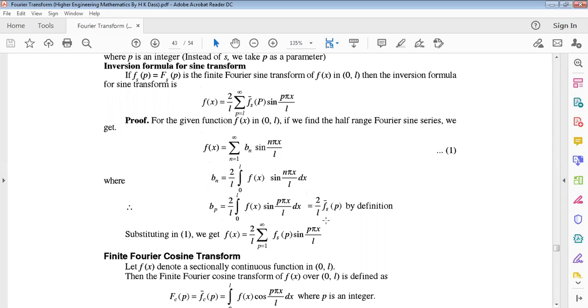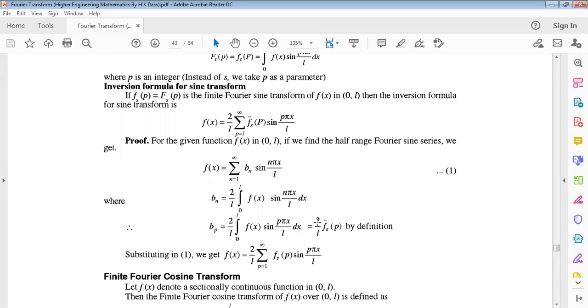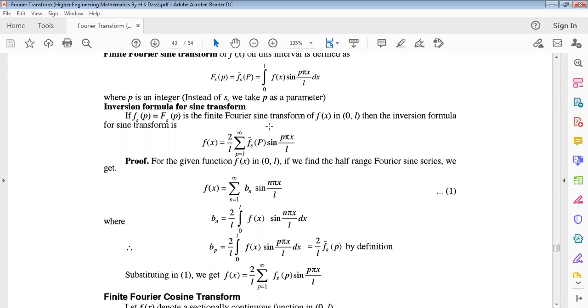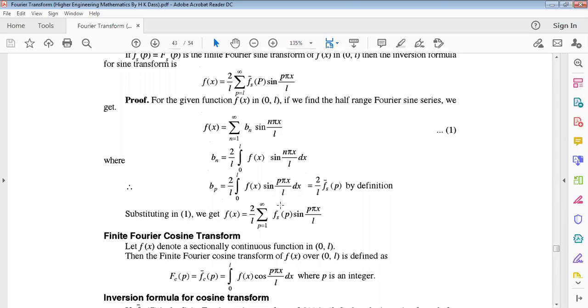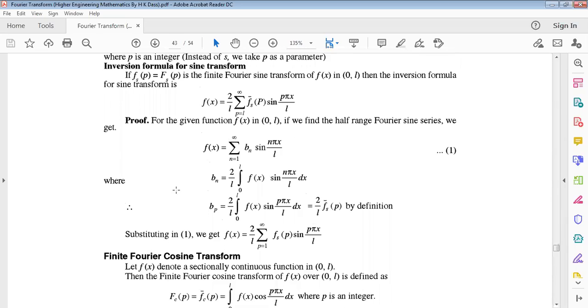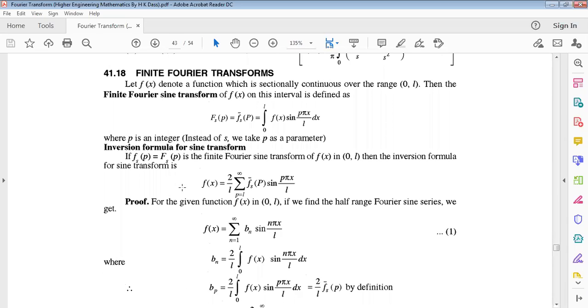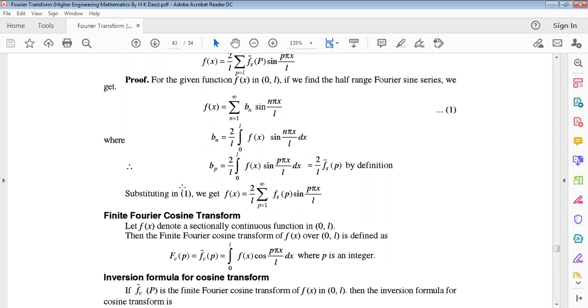That means 2 by L times the finite Fourier sine transform, by definition. Substituting it in equation 1, we get the finite Fourier transform inversion. So in just two or three lines, this theorem is proved.